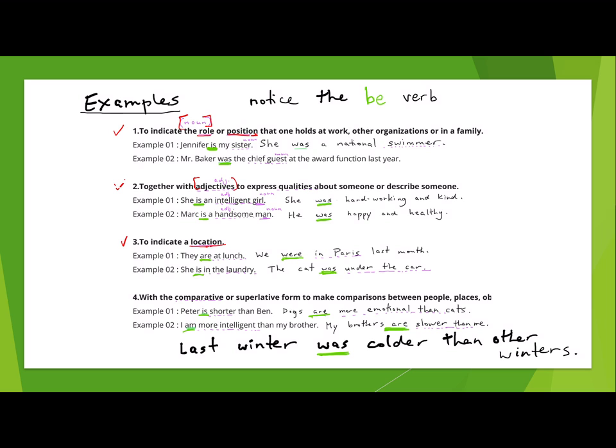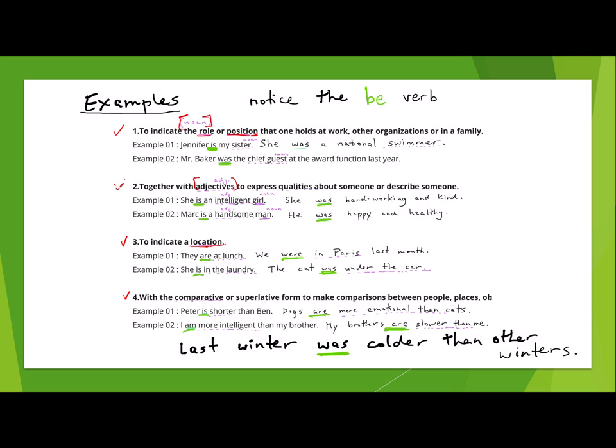Now my brothers are faster than me. Last winter was really, really cold. Last winter was colder than other winters. So, comparatives and superlatives tell us about one subject or one item and compare it to the others. Okay?